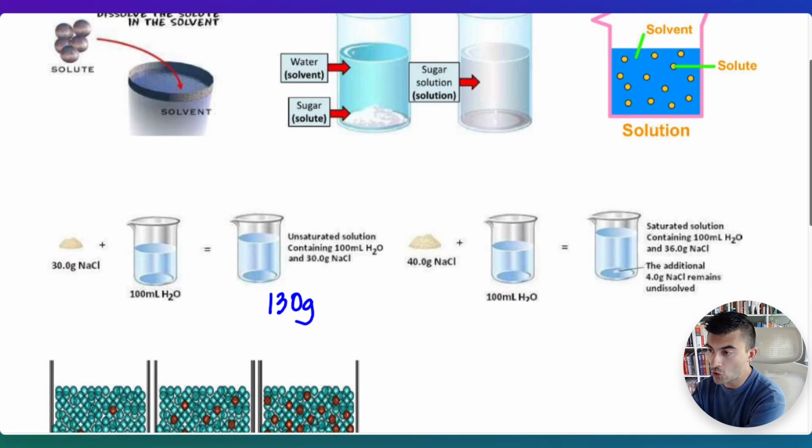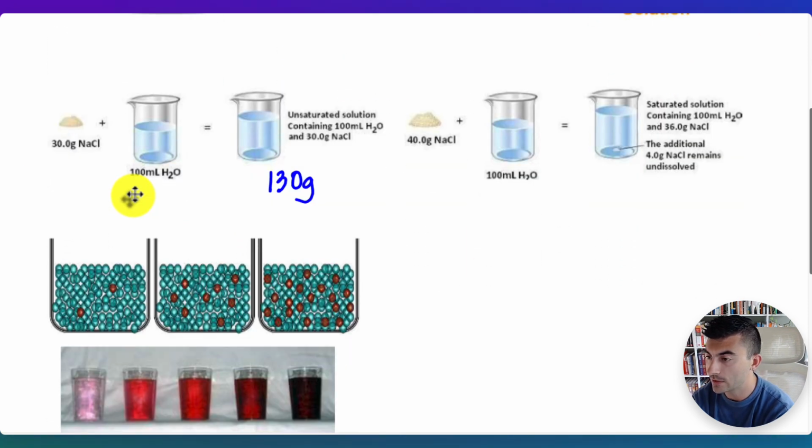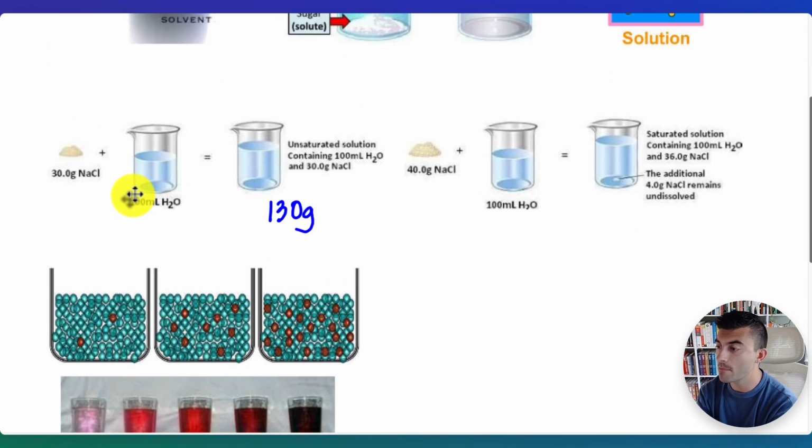Now, a solvent can only dissolve a certain amount of solute, right? The point at which no more solute can dissolve is called the saturation point. So a saturated solution is a solution that contains the maximum amount of dissolved solute possible under the specific conditions of temperature and how much solvent we have available.